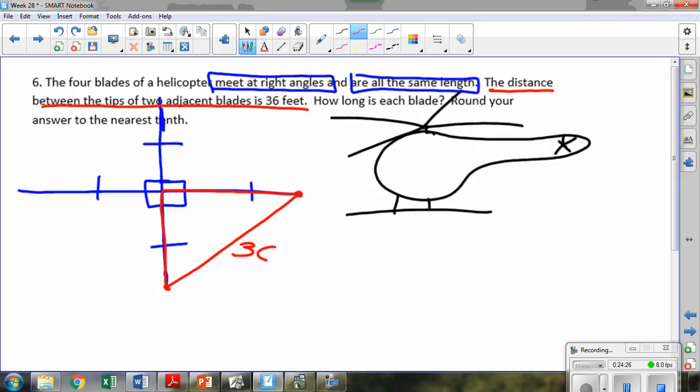Okay, that distance is 36 feet. Finally, the question asks us, how long is each blade? So we want to know the length of the blade, knowing that they are the same length. So how are we going to do that?